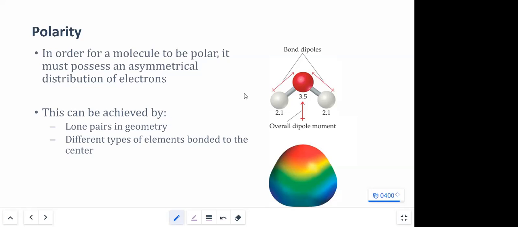That is, when we have those polar bonds, is that polarity being distributed in such a way that we can clearly define a negative side of the molecule and a positive side of the molecule? Is there an unevenness of electron distribution in the molecule overall?